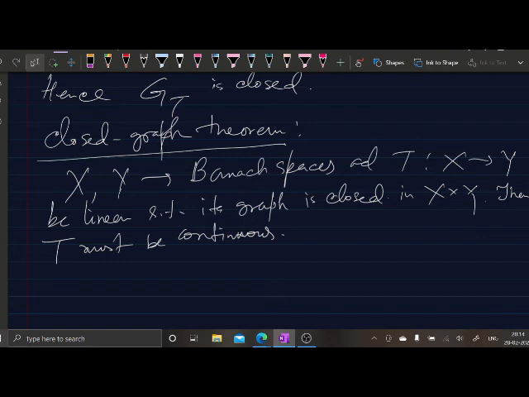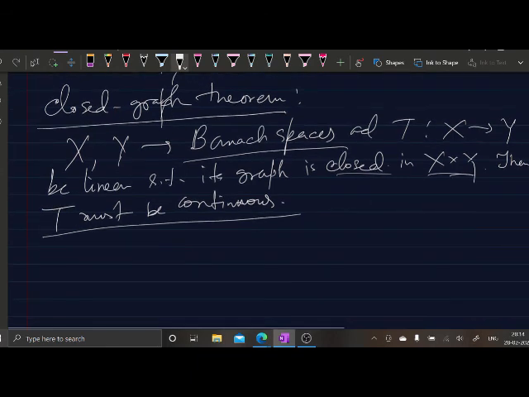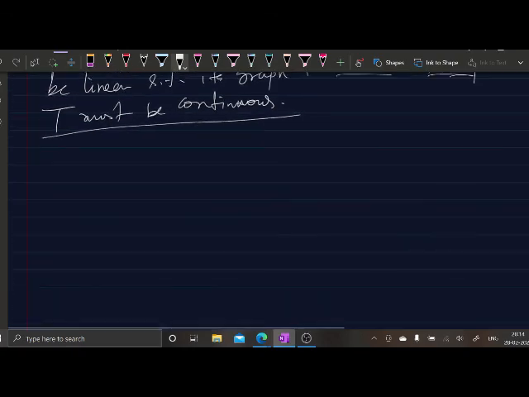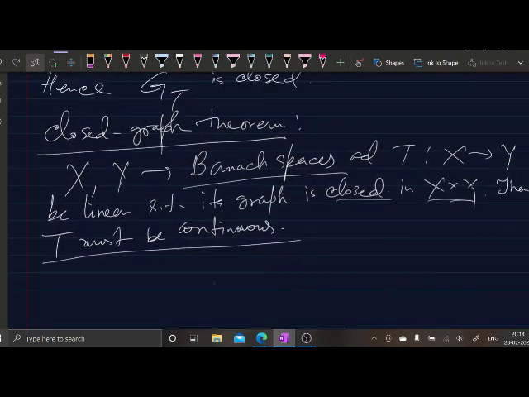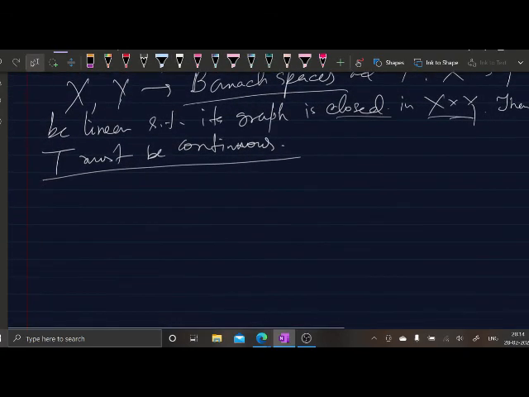But in that case, if you take two Banach spaces and suppose T is a linear transformation having its graph closed in the product space X cross Y, then you can assert that T must be continuous. So this is the well known closed graph theorem. So if you take Banach spaces, then it is true.